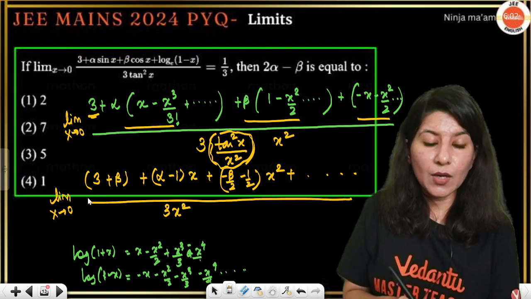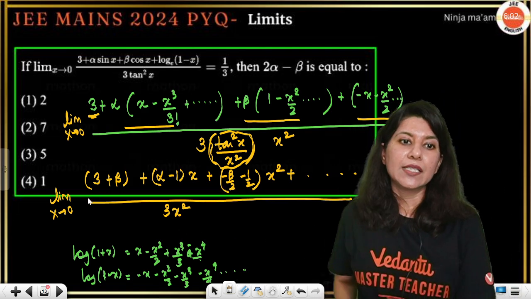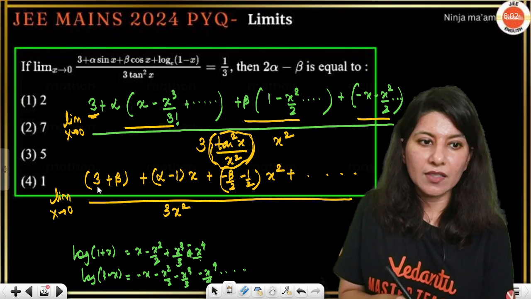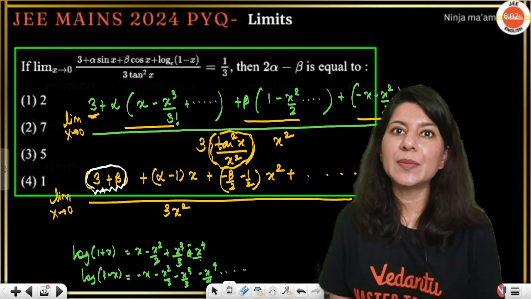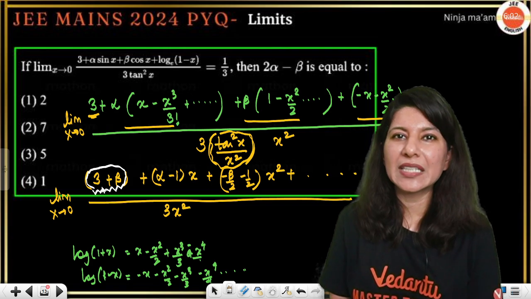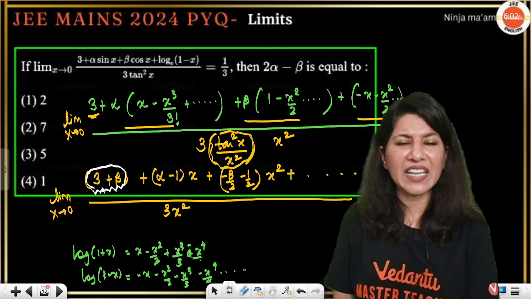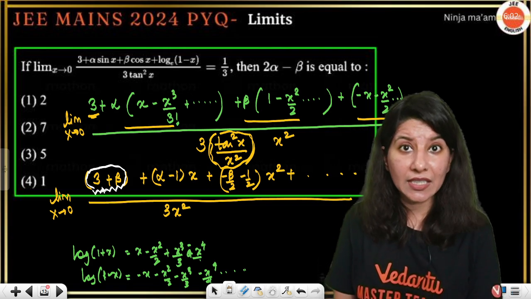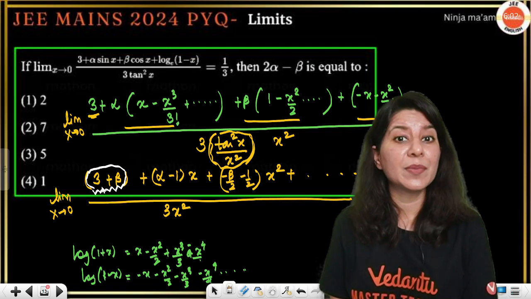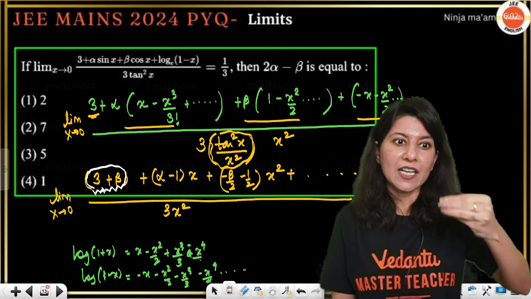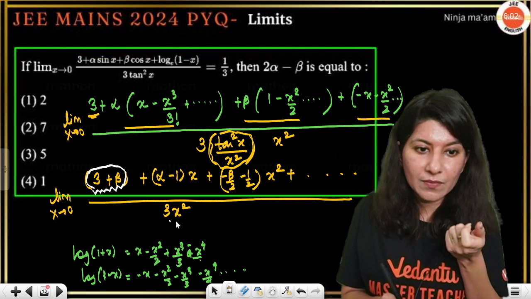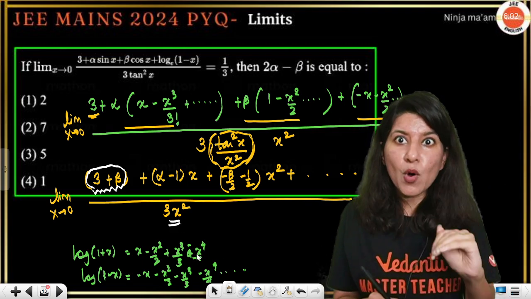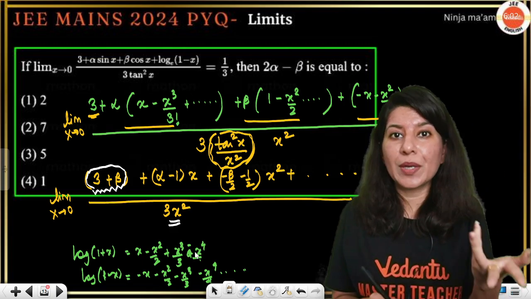Okay. Now understand. See, if 3 plus beta is a non-zero quantity, then what will happen? Suppose 3 plus beta is 1 or 3 or 5, any other quantity than 0. Then there will be big trouble, because 5 upon, can you see in the division there is an x square. 5 upon x square. 5 upon 0 square is an infinity.